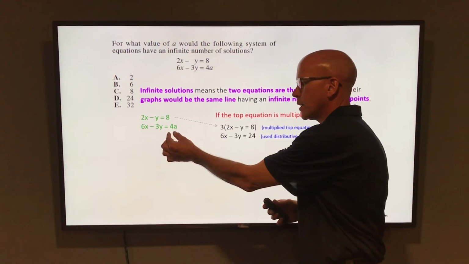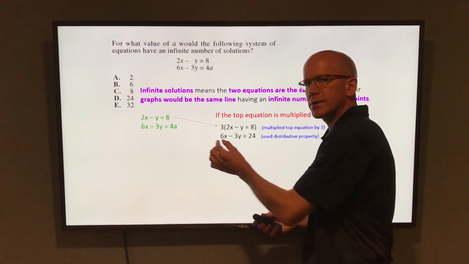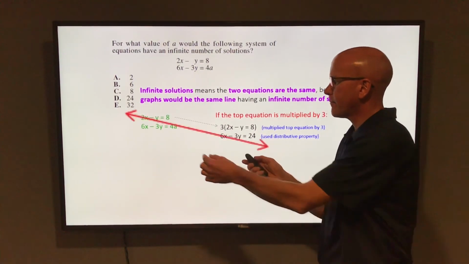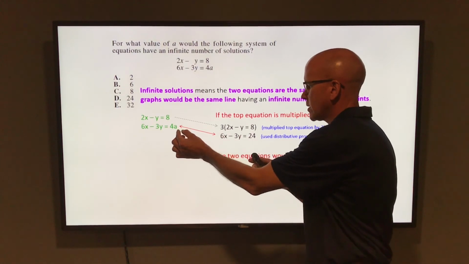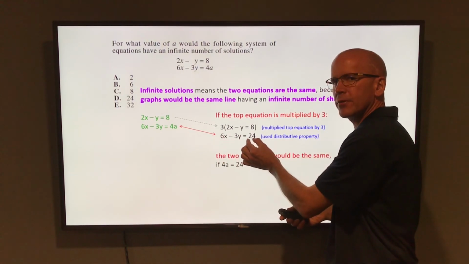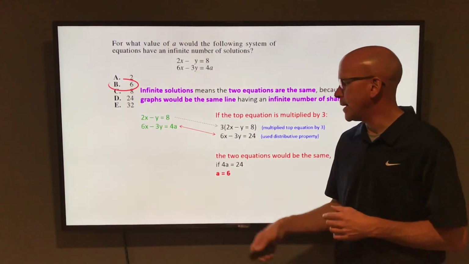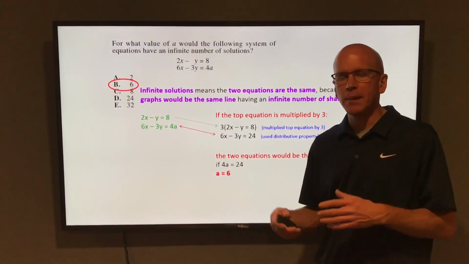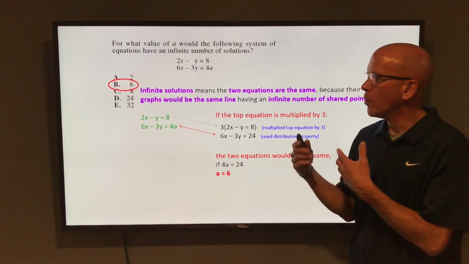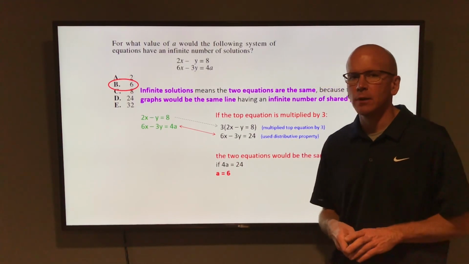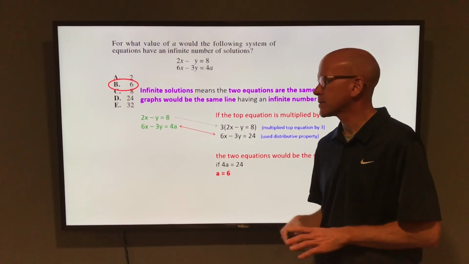And now we're wondering what value of A makes those two equations the same. Well, 4a in this equation matches up with 24 in this equation. So you could set 4a equal to 24 and then solve that for A. The value of A we're looking for that makes these two equations the same, or makes this system have an infinite number of solutions, is 6, letter B.